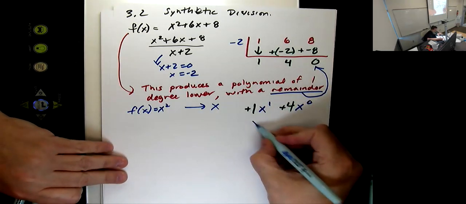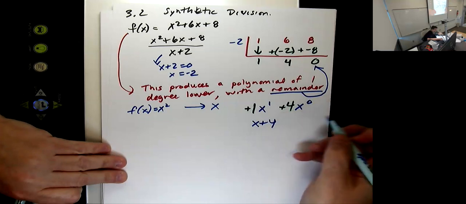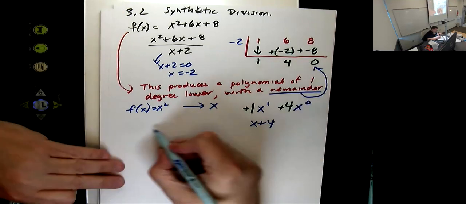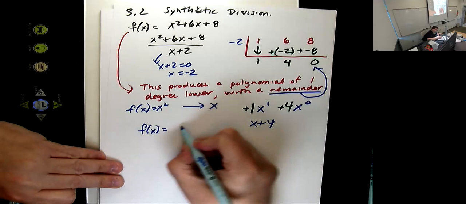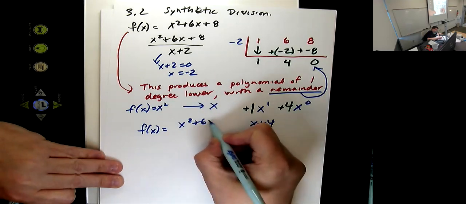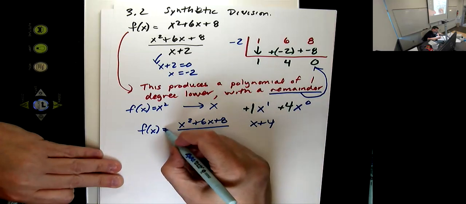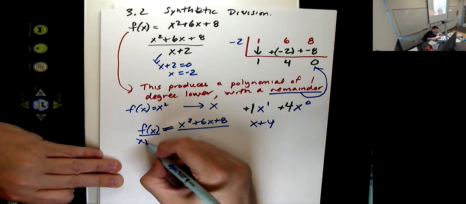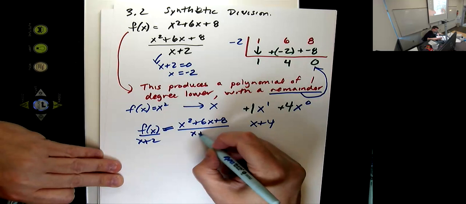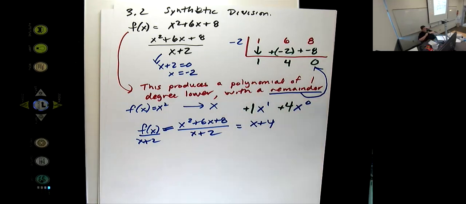So we have x plus 4 after we do that. We divide f of x by x plus 2, we get x plus 4, with no remainder.